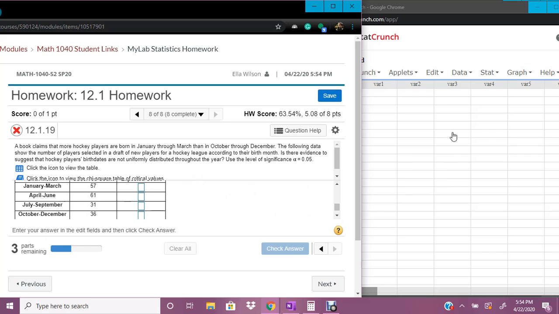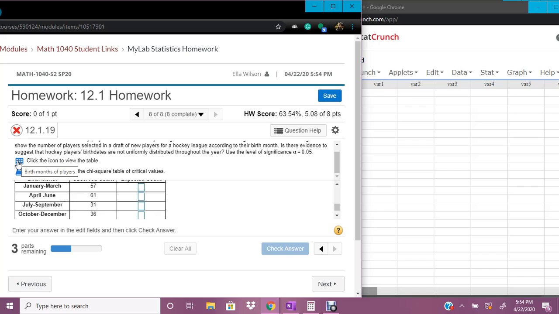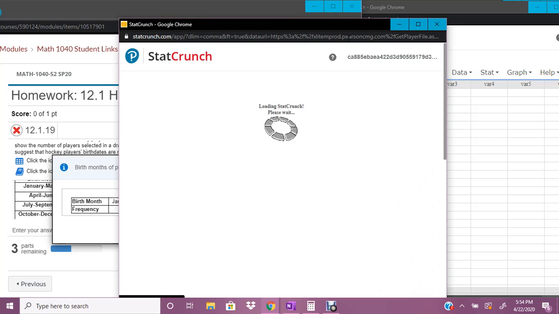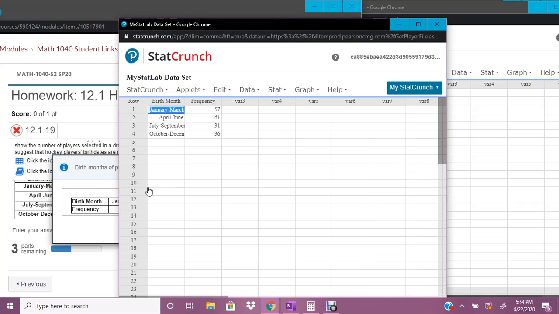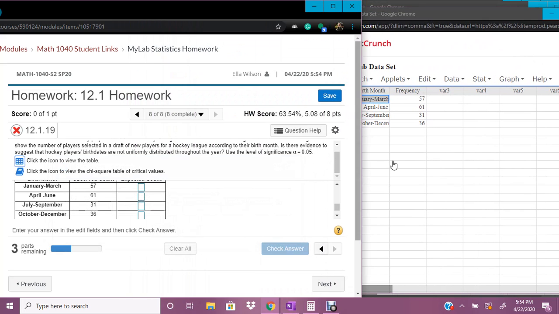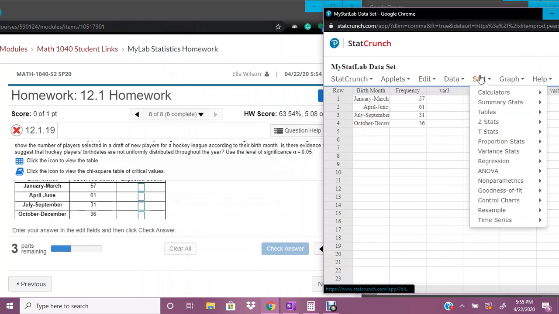And how we're going to calculate that is, it has these blue boxes, which we love, so we don't have to do it ourselves. StatCrunch has this button that I'll show you guys. So we're in goodness of fit.